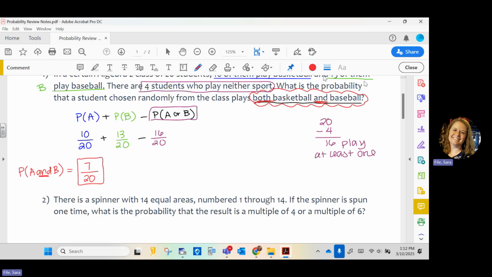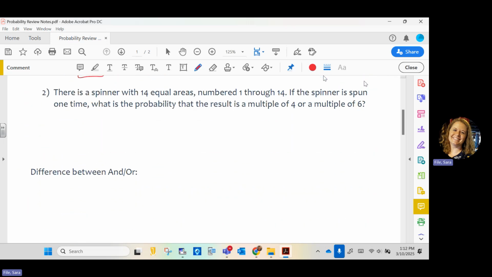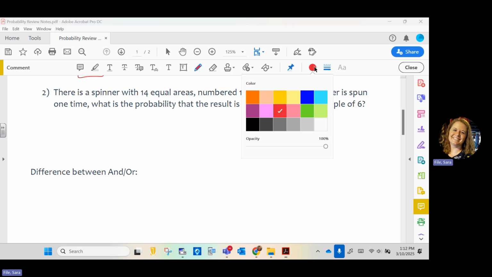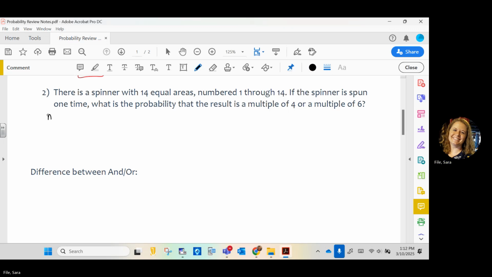So the first thing I'm going to do is list out the multiples. Okay, so the multiples of 4. This just means count by 4s. So 4, 8, 12. And that's the last one I can list because we're only going up to 14.